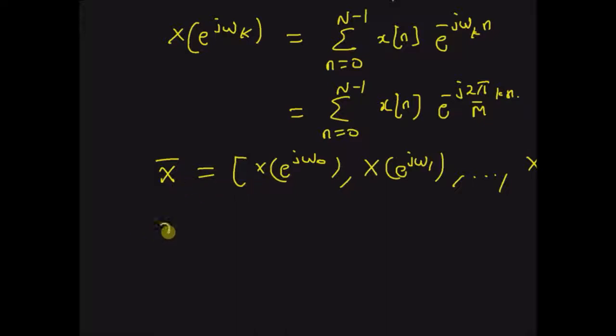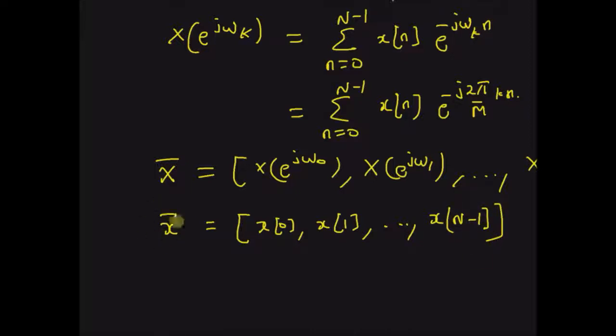And also define a vector of the sequence x bar, which is basically the time sequence, that is x of 0, x of 1, and so on up to x of N minus 1. So this is the input vector and this is the desired output vector.